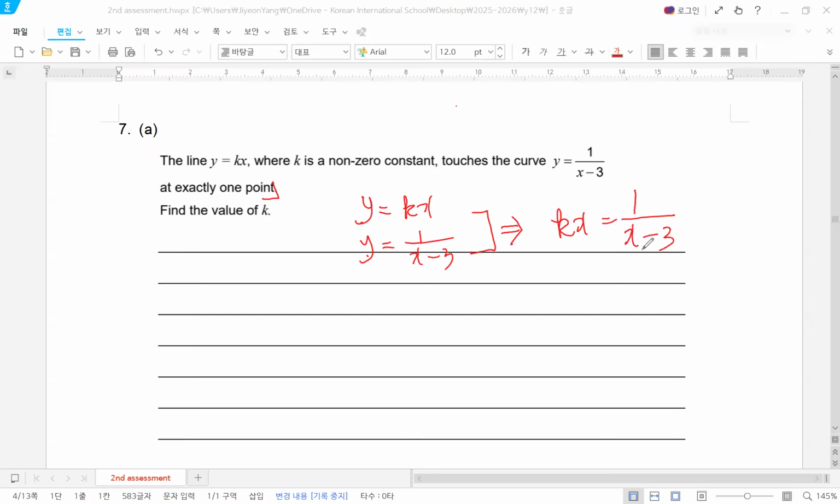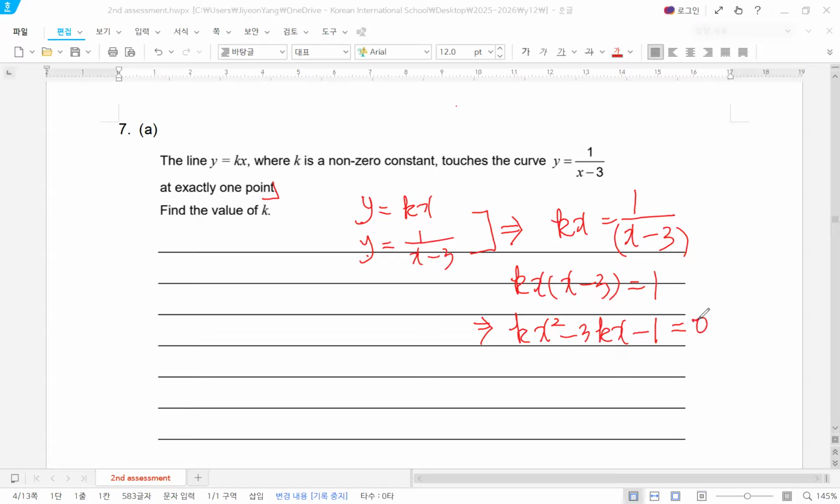Do you understand? Okay, then move this one to the left side. So kx times x minus 3 equals 1. Then you can make a quadratic equation again. kx squared minus 3kx minus 1 equals 0.